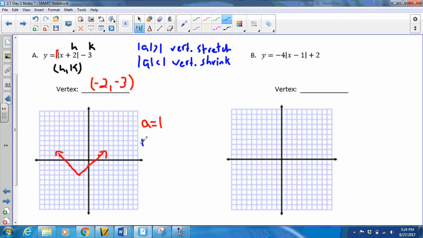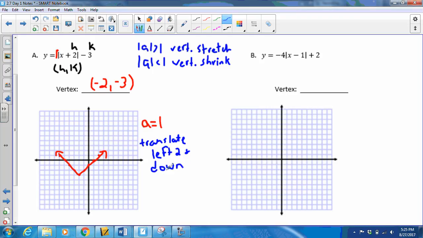So here we're going to write, we translate left 2, and then we have to see if we either go up or down or neither. Well, here it looks like we go down 3. So that means we translate left 2 and then down 3.